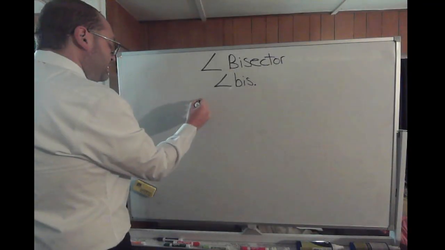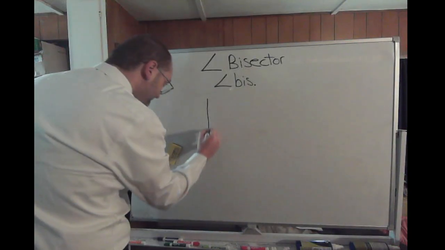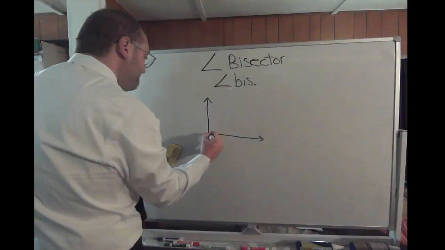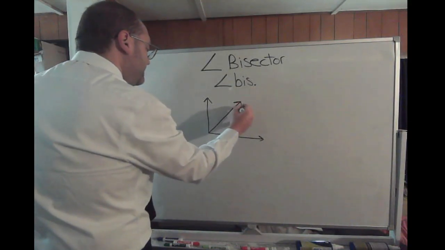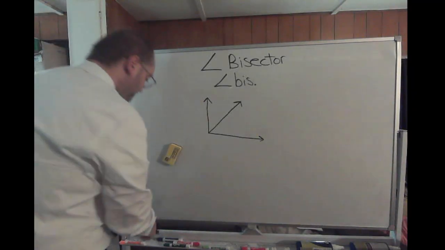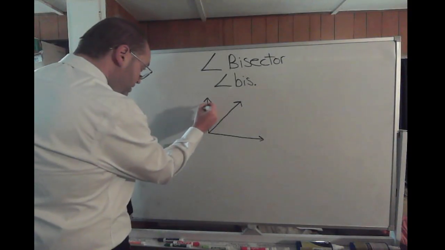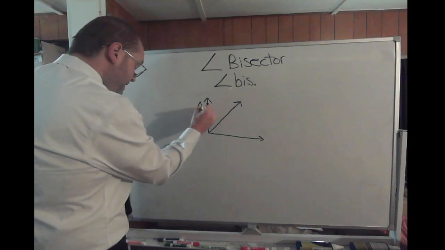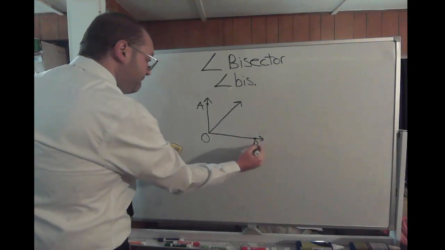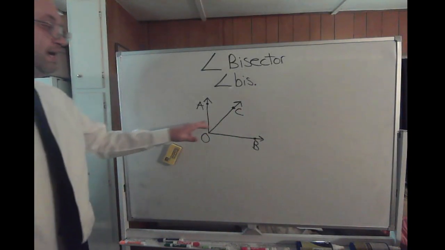So let me draw a right angle here with another ray. I'll call this point A, this will be point O, this will be point B, and that'll be point C. Okay, so what is an angle bisector?